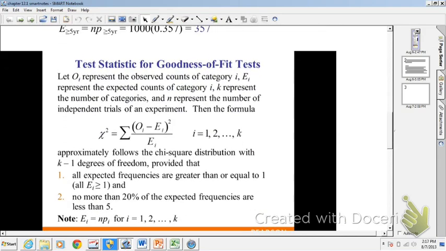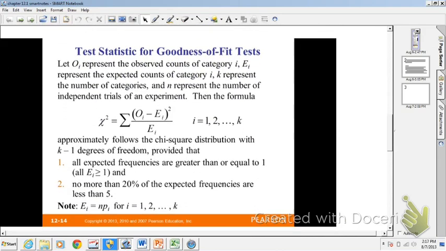We get ready to run the test, and you'll notice in the chi-square test statistic itself, it's observed minus expected squared divided by expected, and then you sum that up. So to get the chi-square test statistic, you would take your observed counts minus your expected counts, square them, divide by each respective expected count, and sum it up.